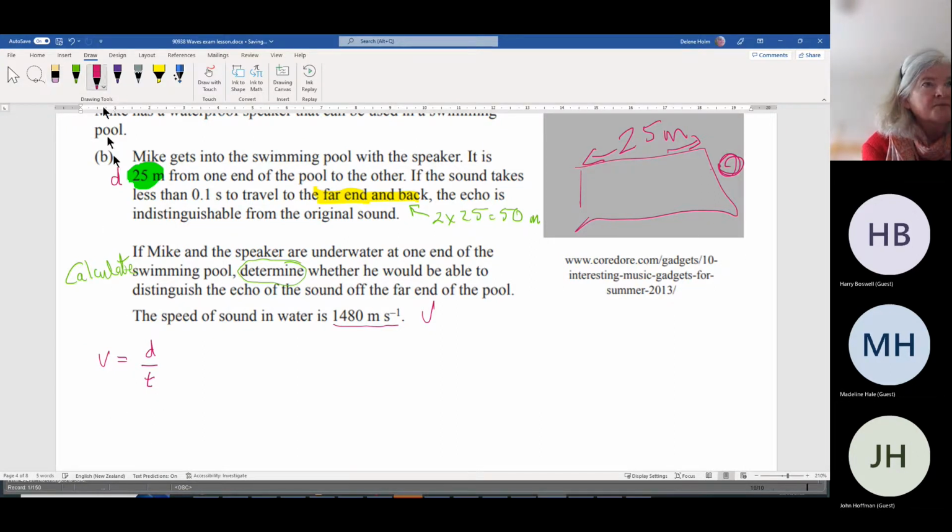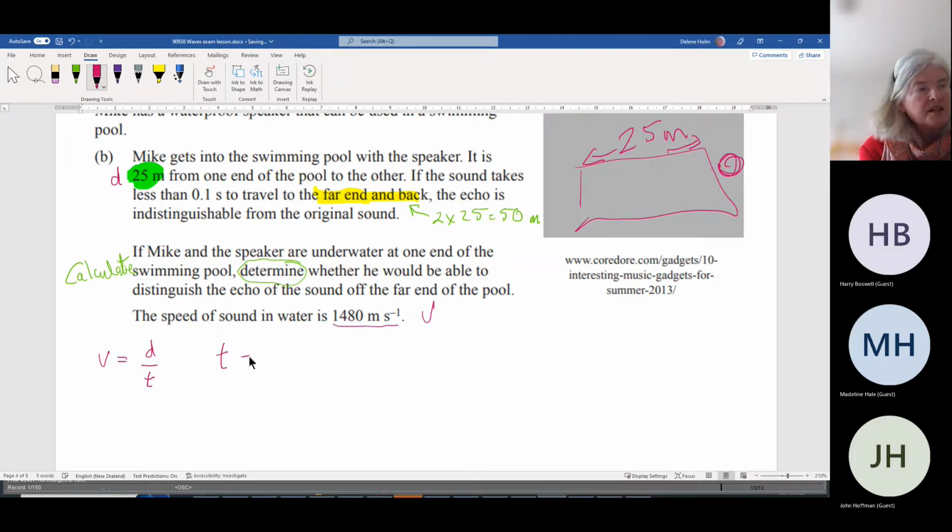So here you just simply plug and chug. You know the distance is 50 meters. We want to know the time, so we've got to solve this for t.